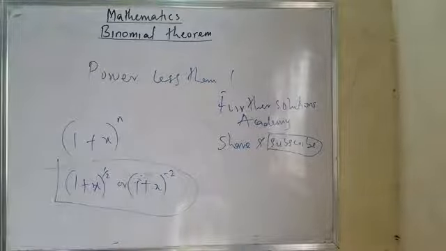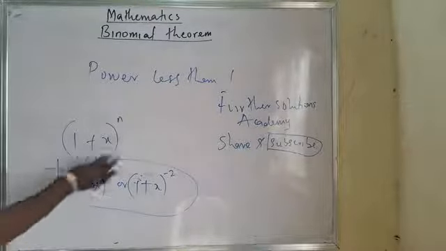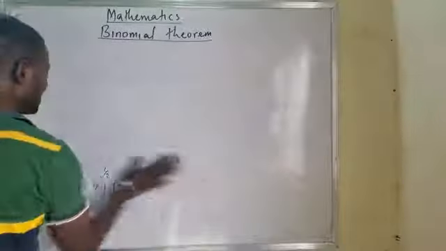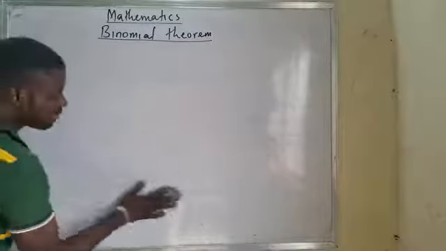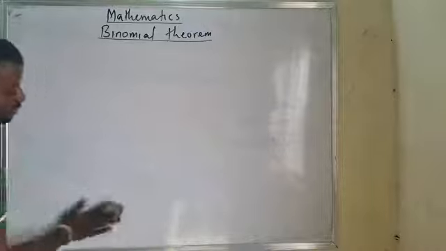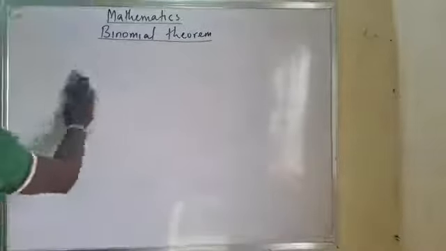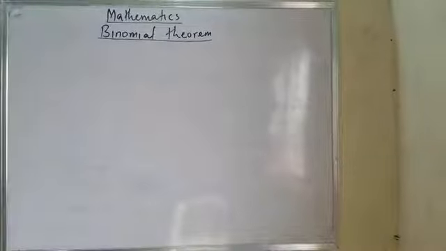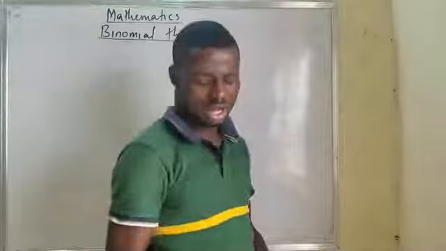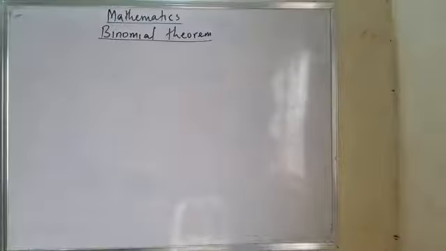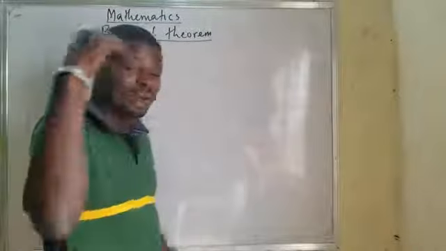But before I go deeper, when I have something like that and my n is less than 1, it will generate what is called a series. By now you should know what Taylor series and Maclaurin series are.